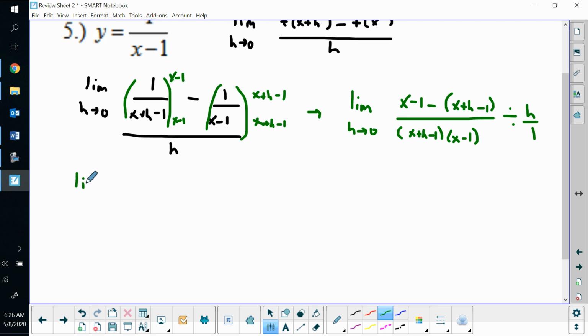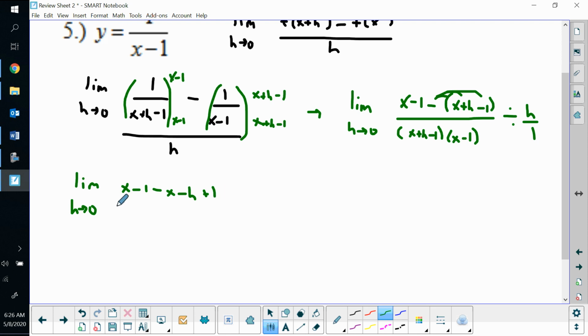So we'll come over here, we'll have limit as h approaches 0. If we distribute our negative of x minus 1 minus x minus h plus 1.